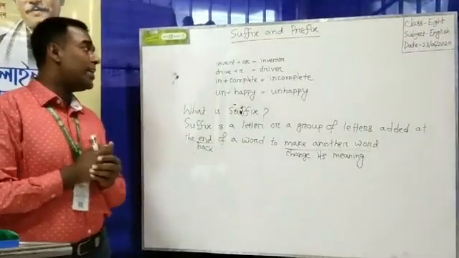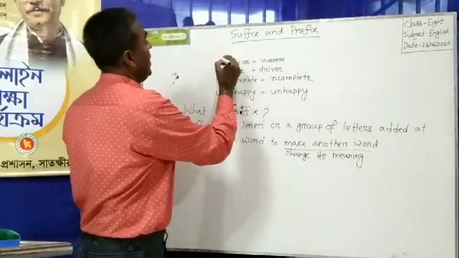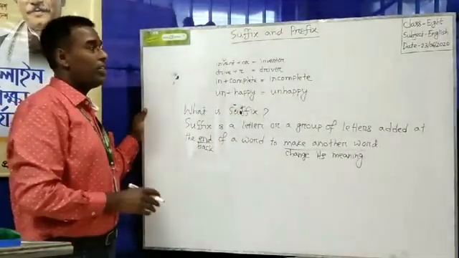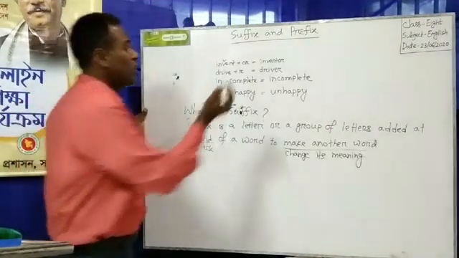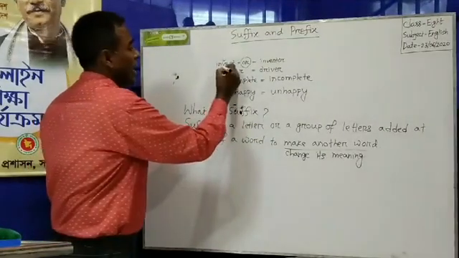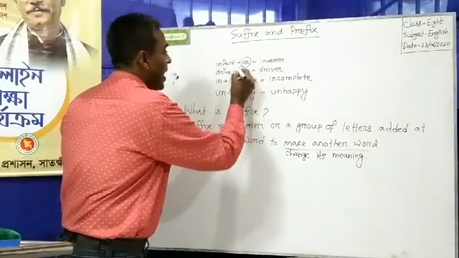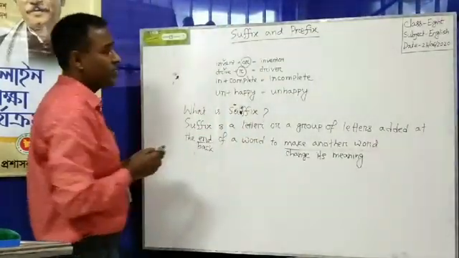Now look at the examples. Here, invent is the keyword. That means base word or root word. And we use here or, and here drive is the root and we use here er. These are er and or.